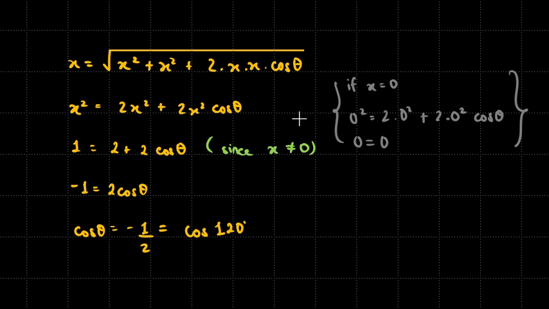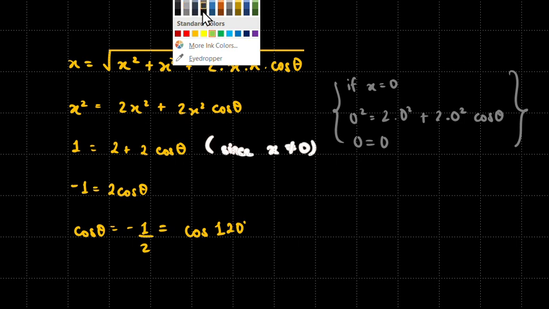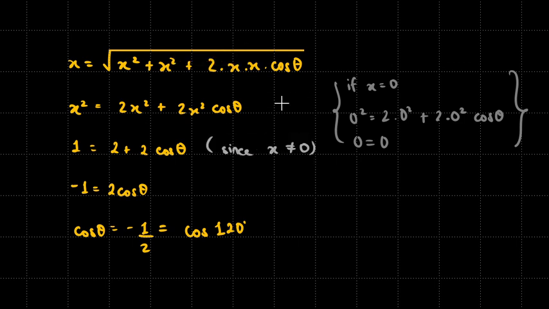I think I will make this part gray, since this is also my thinking process, you can see. Now we have this. So cos theta equals cos 120 degrees, which must mean that theta is 120 degrees. So this means this is possible. So yes, it is possible.